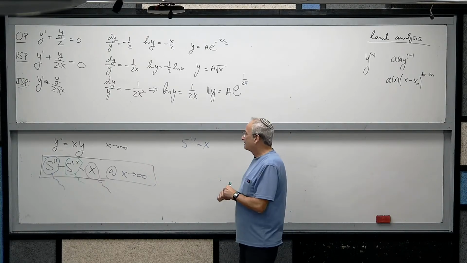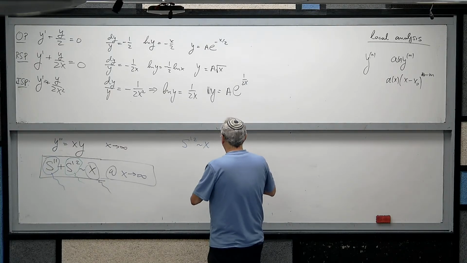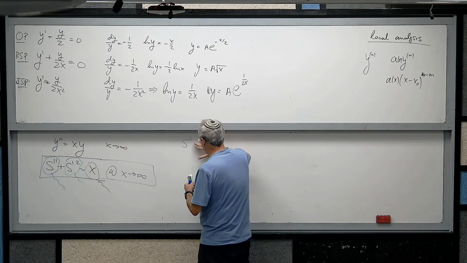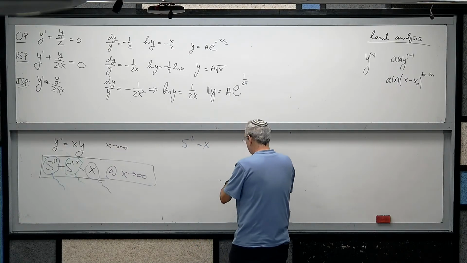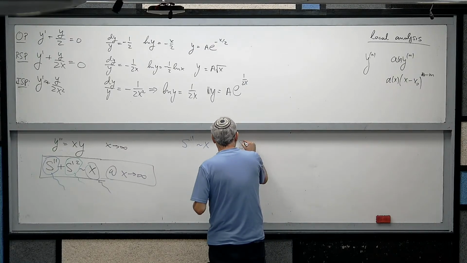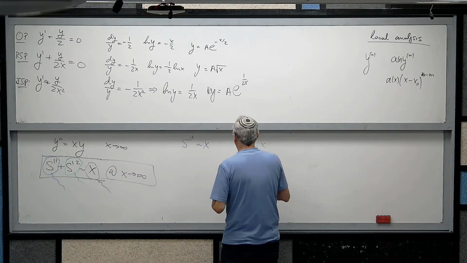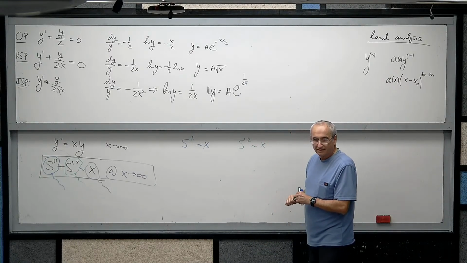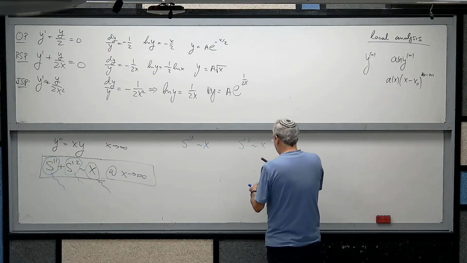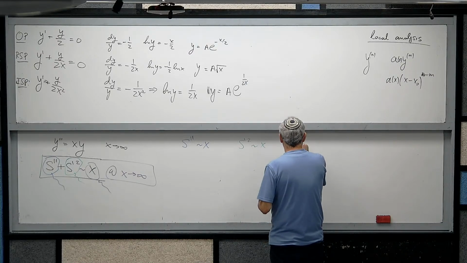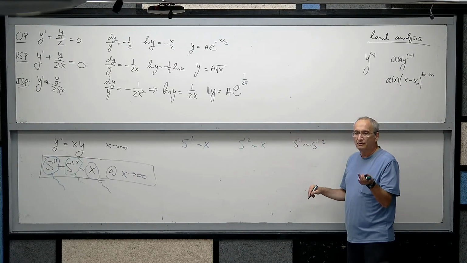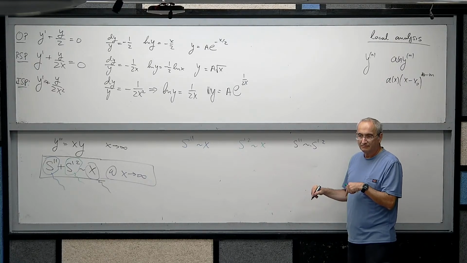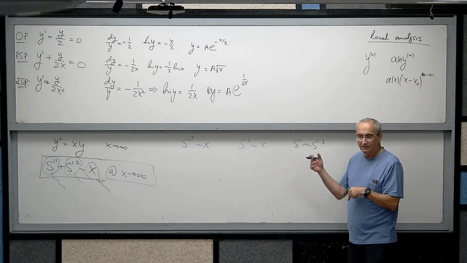The green strategy implies that s prime squared is asymptotic to x and s double prime is negligible. And the purple strategy is that s double prime is asymptotic to minus s prime squared. Why with a minus sign? Why did I move it to the other side? Because nothing is asymptotic to 0, as I told you last time.